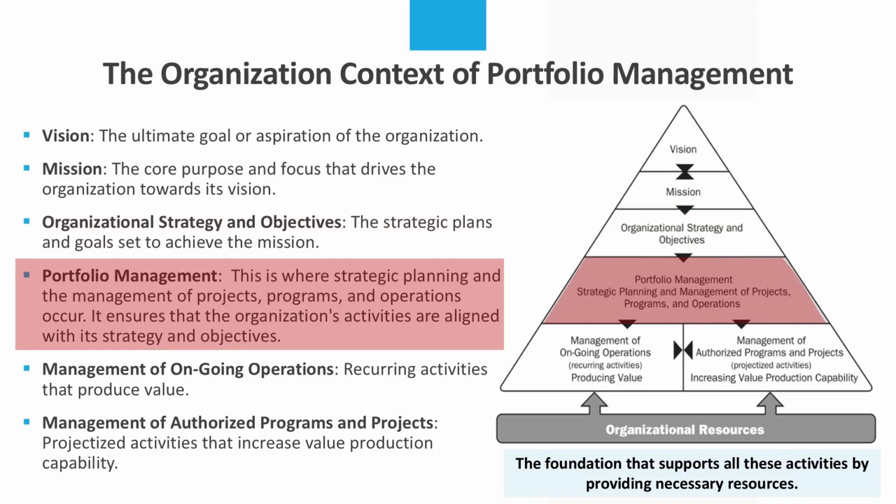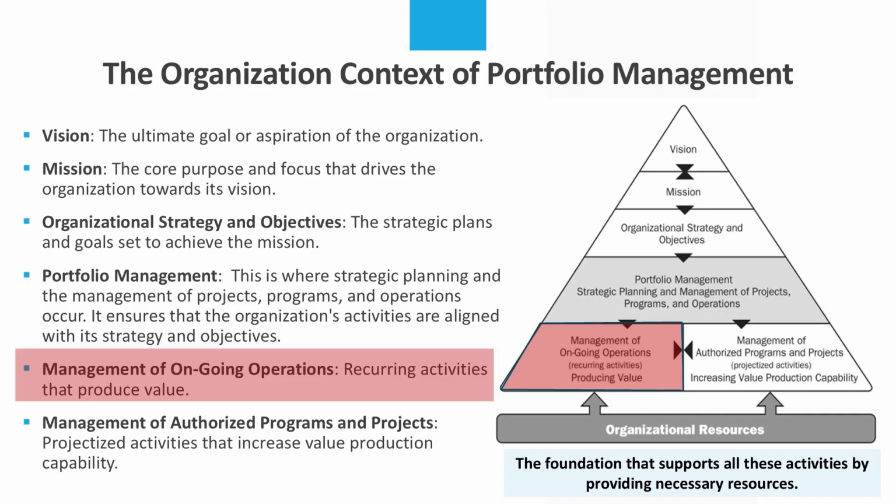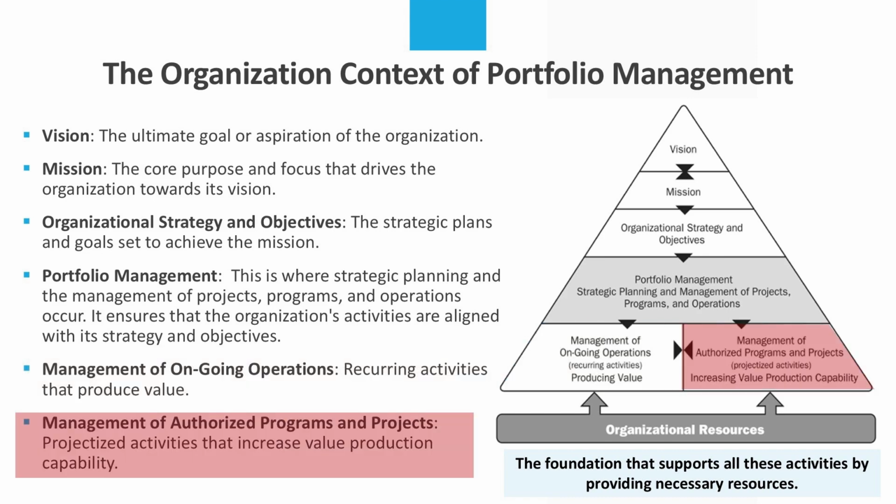Portfolio management sits at this level. Its role is to translate strategy into action by deciding what work should be done. Some of the work is ongoing operations, such as running existing solar farms, maintaining infrastructure, and supporting customers. This work delivers value continuously as part of day-to-day business. Other work is focused on change.